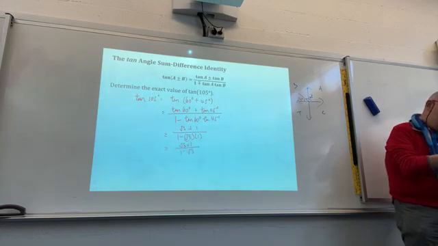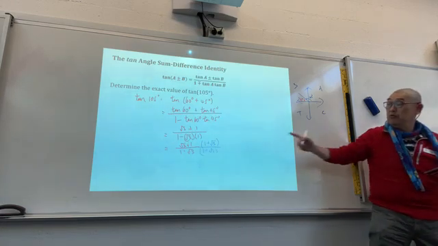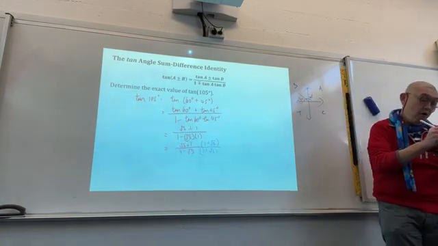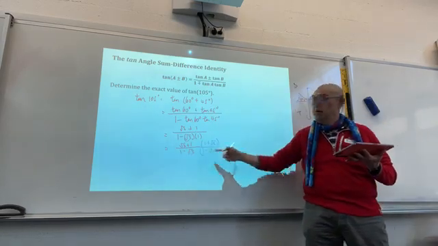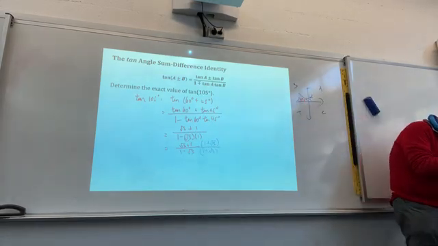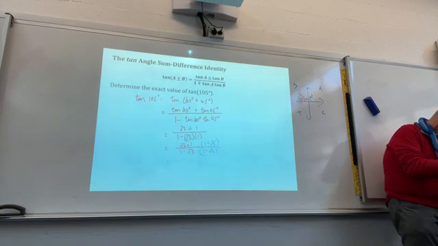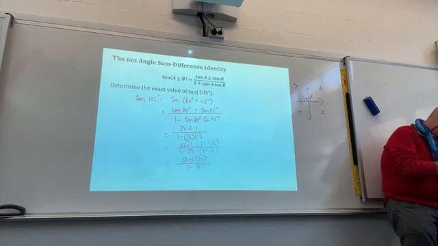Now this time I want to rationalize it. Multiply by 1 plus root 3 to rationalize that. So therefore, the denominator is 1 minus 3, and the numerator is square root of 3 plus 1 times 1 plus square root of 3.